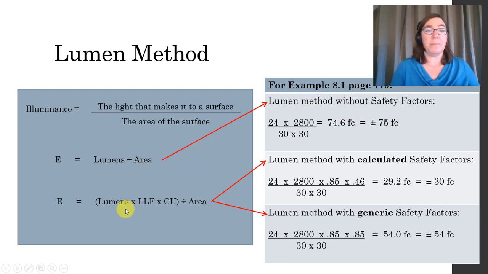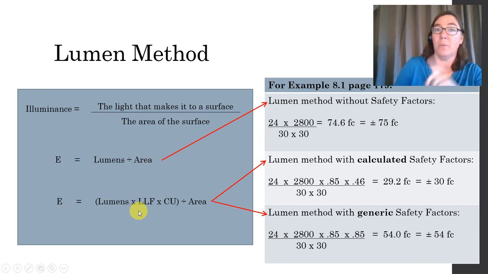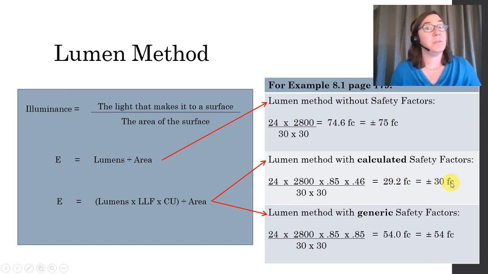However, if you take the calculated safety factors, all right, the ones that we just did and are used in that textbook, of 85% and 46%, you see that you're actually only going to get about 30 foot candles in the room. This is a huge difference, 75 to 30.